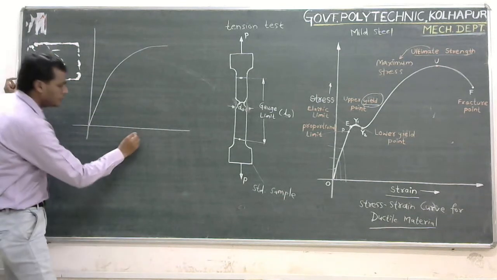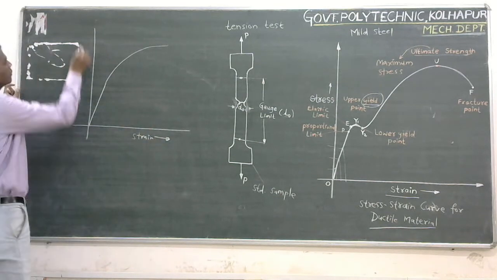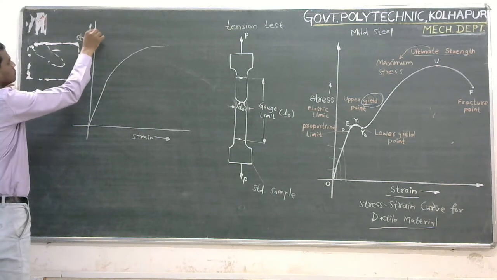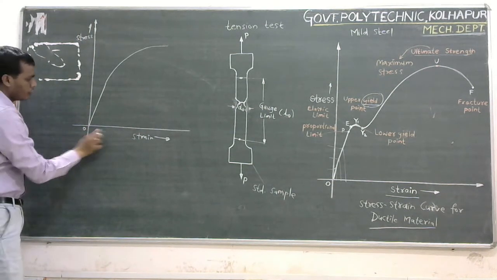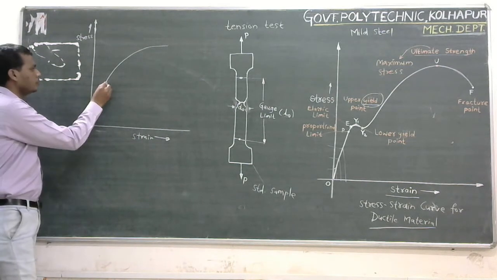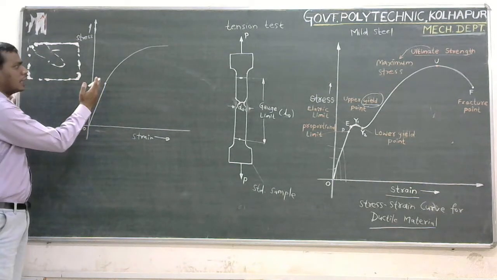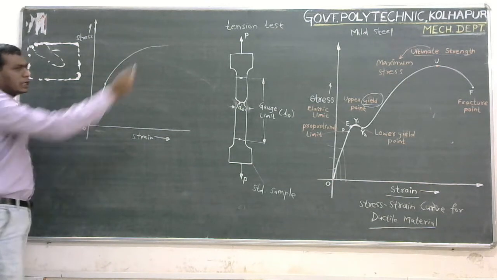This is the strain. This is the stress. And now we can't see the yield point here. This is a proportional limit. You can clearly see the curve is straight up to this point, and after that the curve deviates. But here there is no clear yield point.